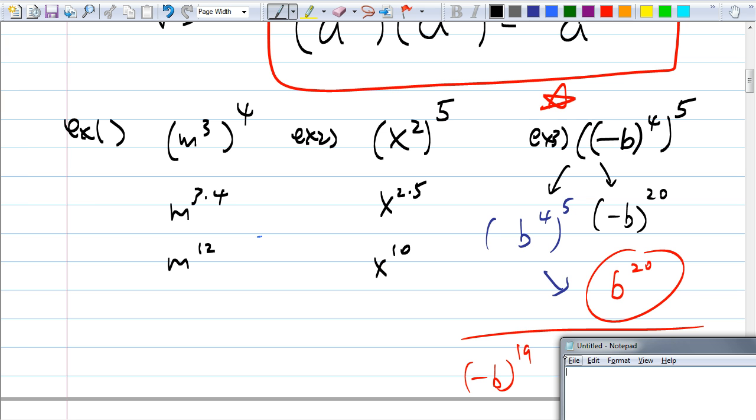Jason? Negative b to the 19th without parentheses. Okay. Dana, what do you think? Put negative in parentheses? Not quite. Carly? No, that would be wrong. You cannot move the negative to the exponent.